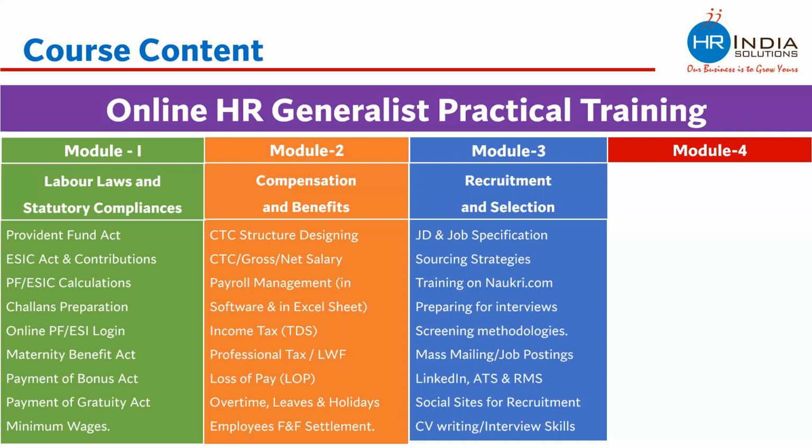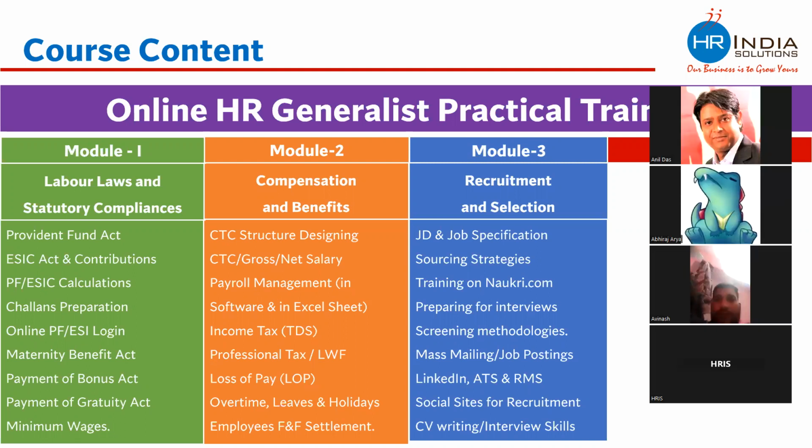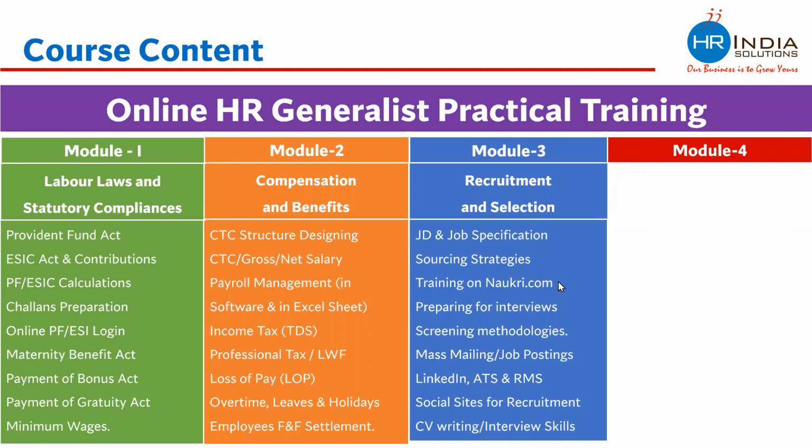We also see how various ATS and RMS play an important role in today's recruitment. It is not the HR manager who goes through each and every application they receive. Nowadays, resumes are shortlisted and screened by technology called the applicant tracking system. You can all keep your videos off, and we will see how the various ATS screen each and every application. There is a dedicated session on CV writing and interview skills as well.